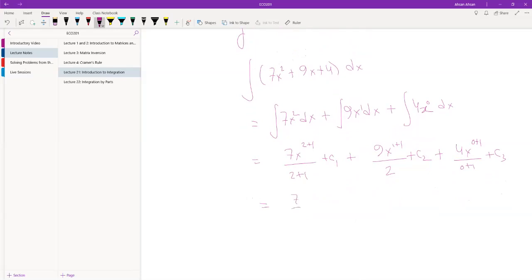We have 7 by 3 x to the power 3 plus 9 by 2 x to the power 2 plus 4 x to the power 1 plus we have C1 plus C2 plus C3. Or we can just lump them together and say plus C.